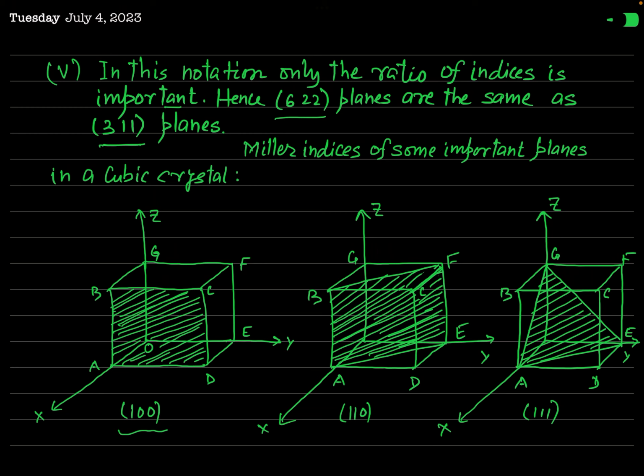And in this figure, for the plane ABFE, the Miller indices will be 1, 1, 0. And the most common plane in a cubic crystal is AGE, as you can see in figure number 3. For this AGE, you can see this plane intersects the three crystallographic axes at points A, G and E, and its Miller indices will be 1, 1, 1.